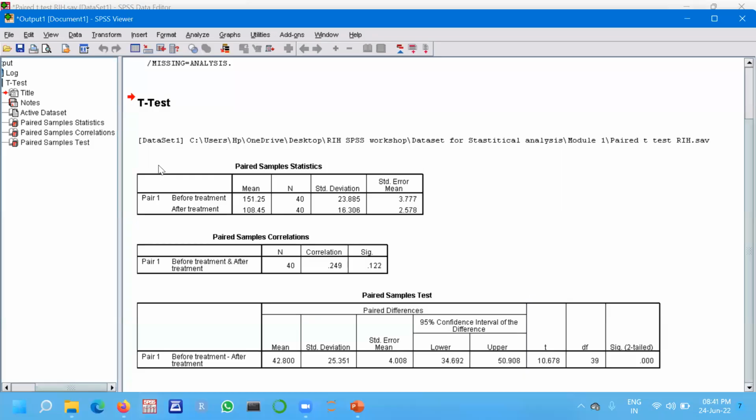You just compare the first table and the third table. Okay, the first table is the descriptive data, and the third one is the paired samples test. So the t value is 10.67, and the p value is less than 0.05. It is highly significant. So let us see how to interpret this in your study.